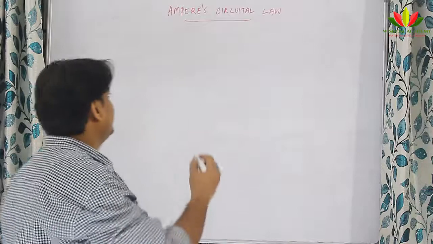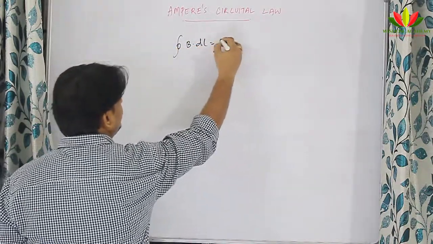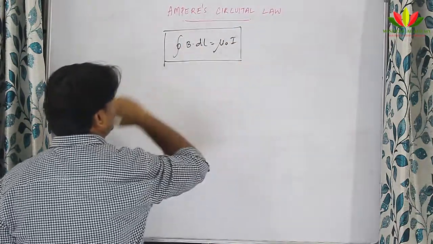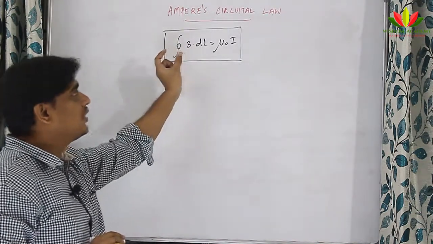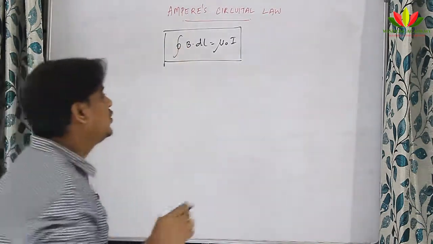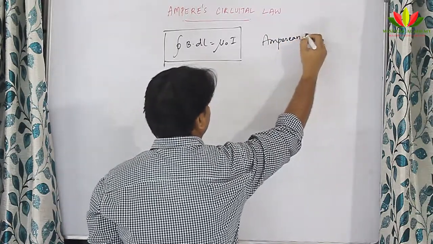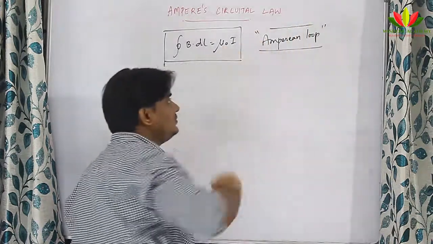So the line integral of B dot dl is equal to mu naught times I. This is Ampere's circuital law. For this law we need a loop, and that loop is called an Amperian loop, since it was found by Ampere.